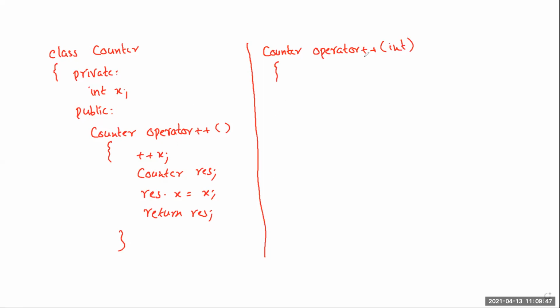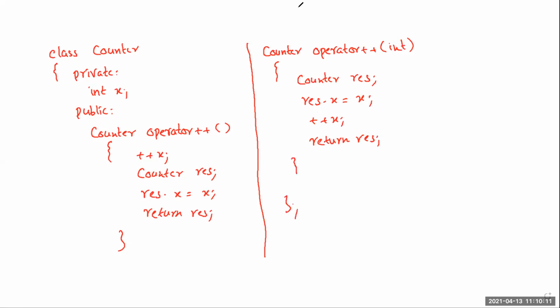Now you see in the postfix version we have to copy the original value of X and then we increment X. This is the difference. So you see result.x is X, and now I write plus plus X, return result.